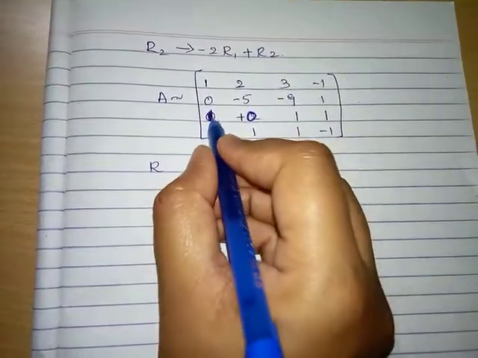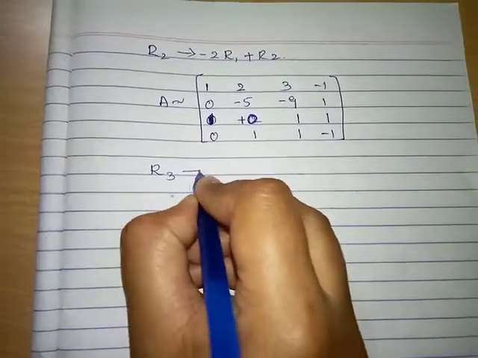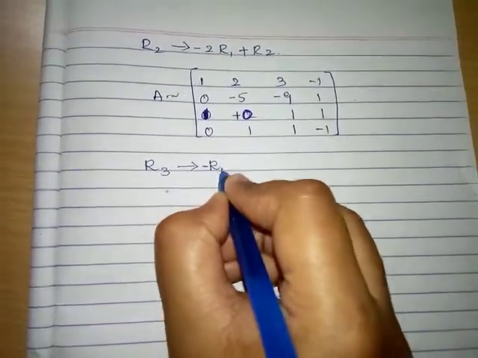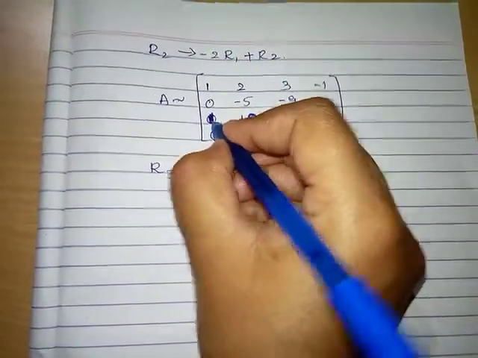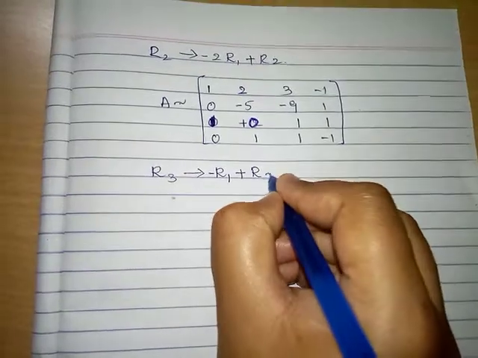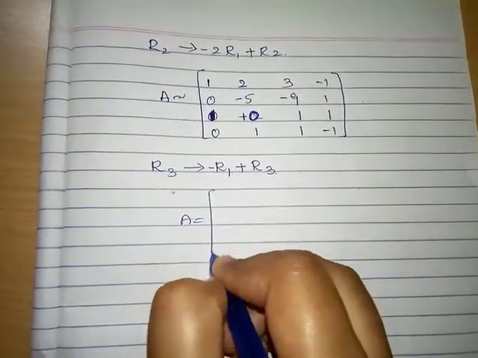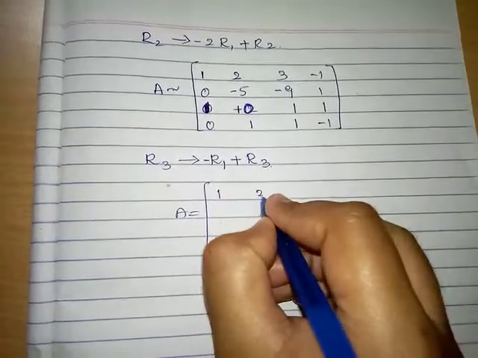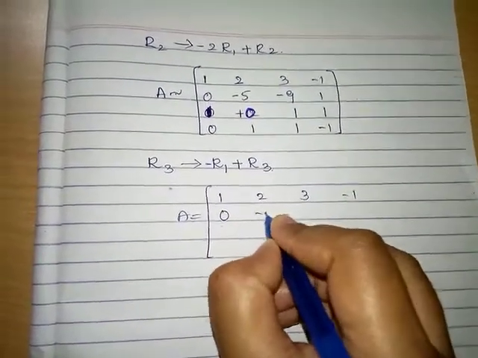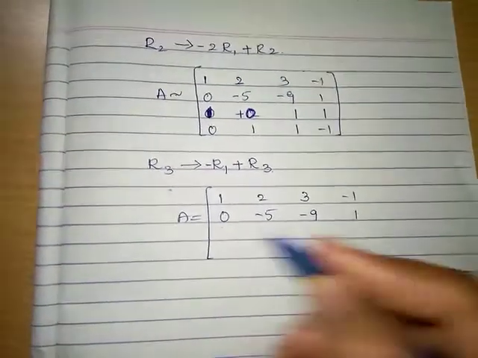Then I have to reduce this element to 0. Similarly as in the previous example, R3 changes to minus R1 plus R3, because we have 1 here and 1 here. It will be matrix A is equal to 1 2 3 minus 1, 0 minus 5 minus 9 1.